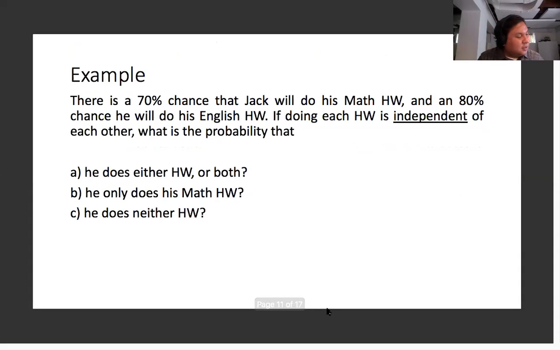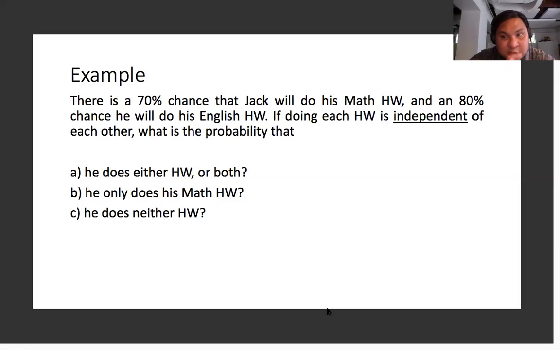All right, so this time, it's the same question. 70% chance that Jack will do his math homework, 80% chance that he will do his English homework. But this time we are also given the fact that doing each homework is independent of the other. That means if he does his math homework, it's independent of him doing the English homework.